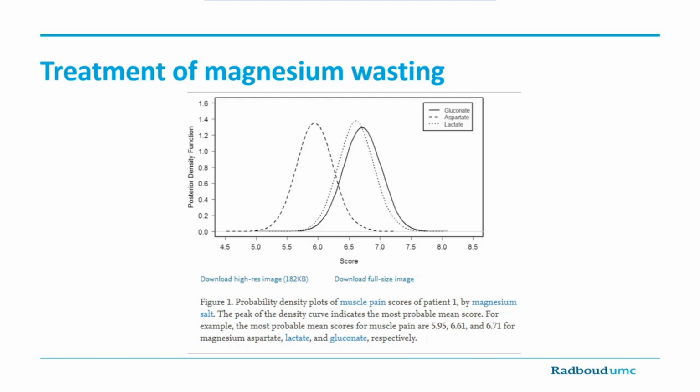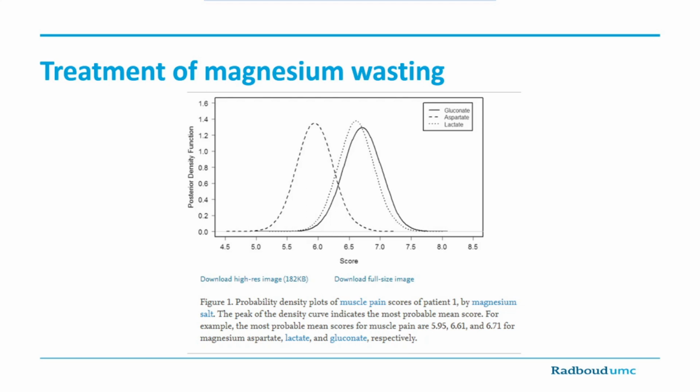One of the complaints that patients often have is fatigue and muscle aches due to the magnesium wasting. Most of these patients require lifelong treatment with high doses of magnesium salts to counteract magnesium wasting. However, sufficient replenishment is difficult because high doses of magnesium salts induce diarrhea and nausea, which aggravates the problem and does not alleviate it.